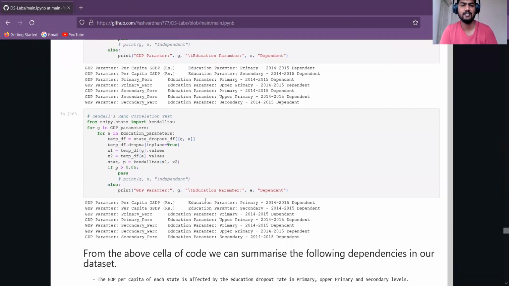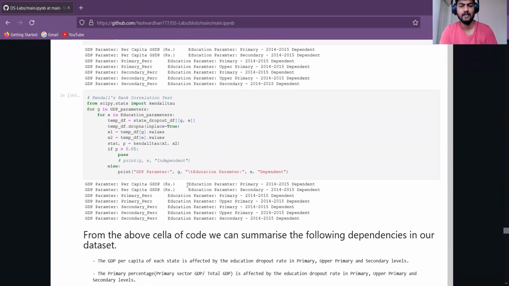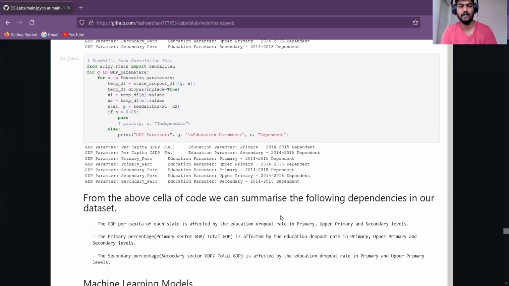Similarly, for Kendall's rank correlation test, we use the parameters per capita, primary percentage, and secondary percentage, and for each of the values for the year 2014 to 2015, we get the result dependent.